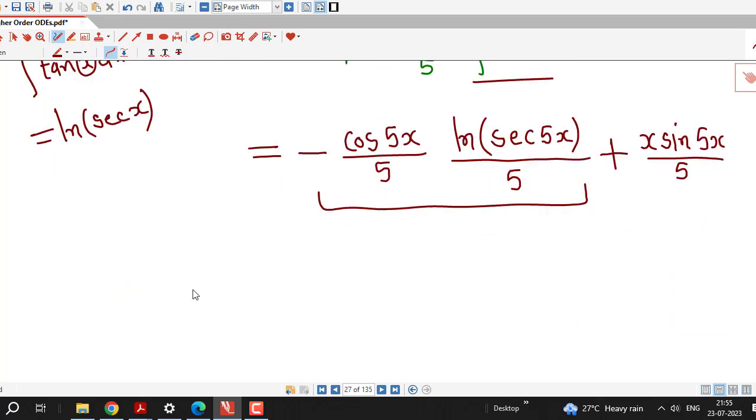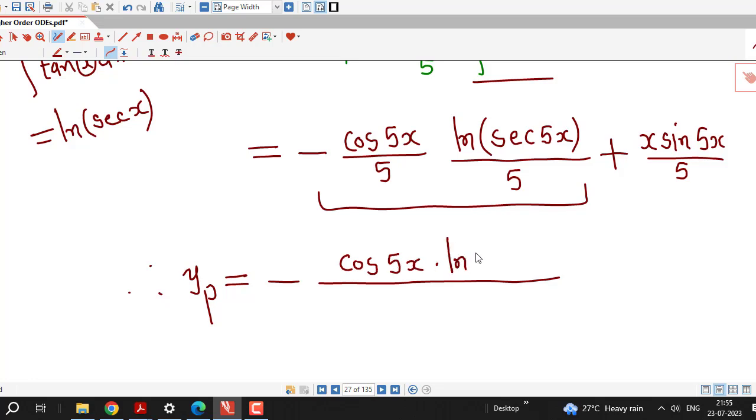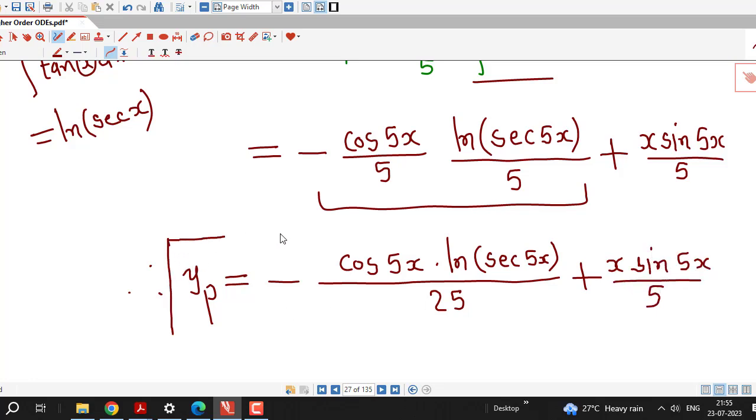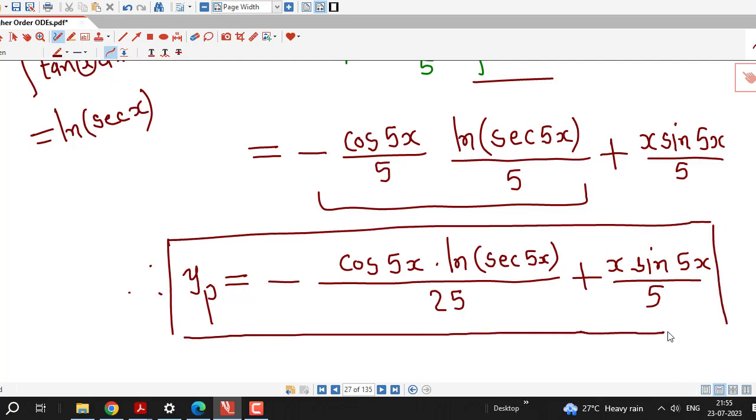I can take this multiplication of 5 two times. So yp is now minus of cosine of 5x into logarithm of sec 5x divided by 25 plus x sine 5x divided by 5. This is the particular solution using the method of variation of parameters.